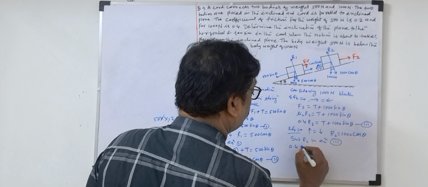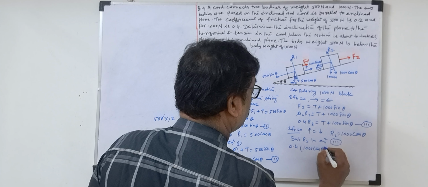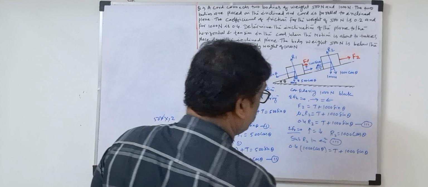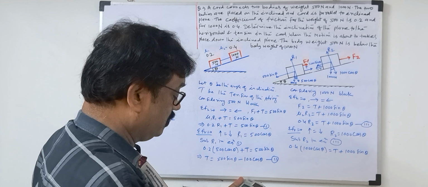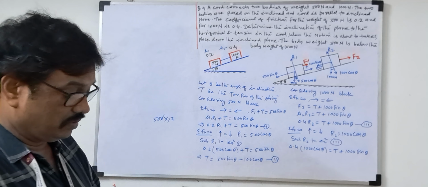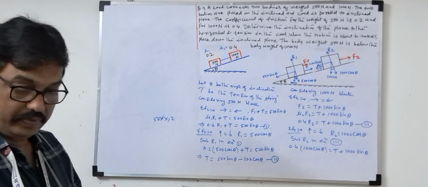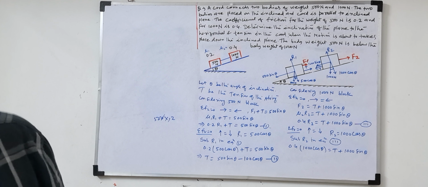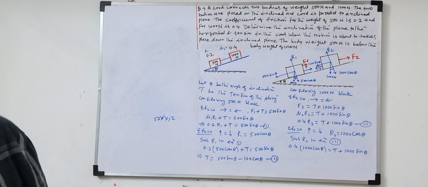So 0.4 R2 means 0.4 times 1000 cos theta is equal to T plus 1000 sine theta. Now 1000 into 0.4 will come 400.